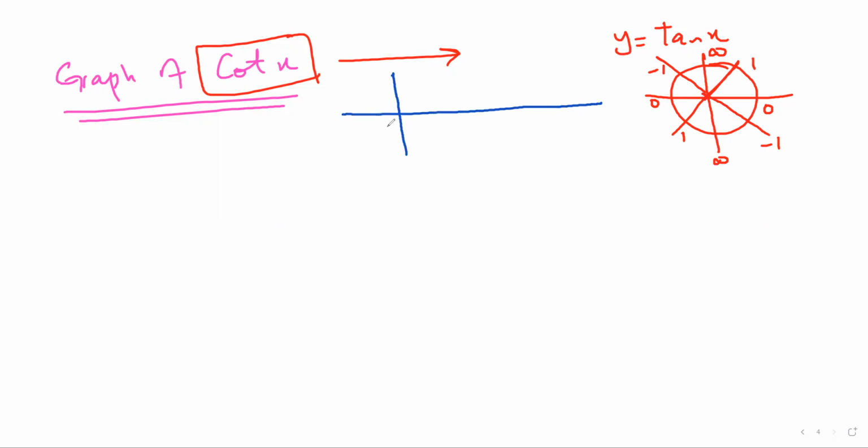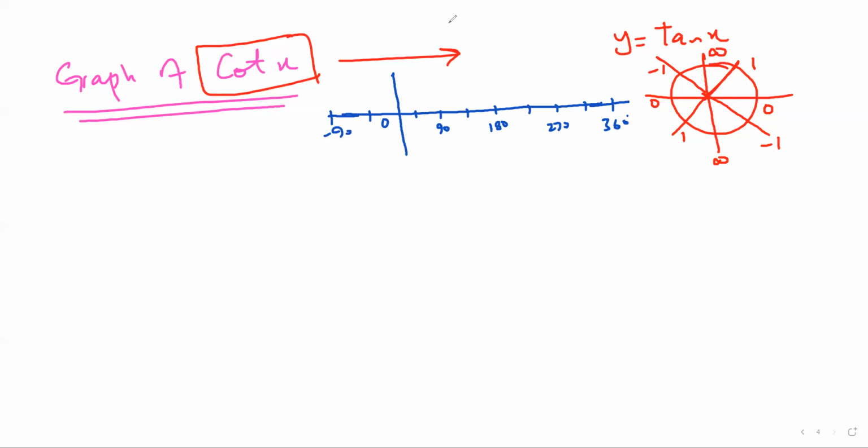So there are already asymptotes. That's why this is 45. There is an asymptote at 90, then this 180, then here it is 270. Remember, we have to keep the intervals of 45 degrees for this graph of tan.